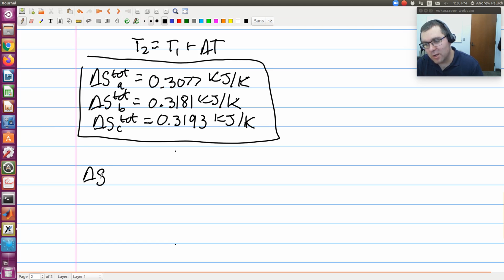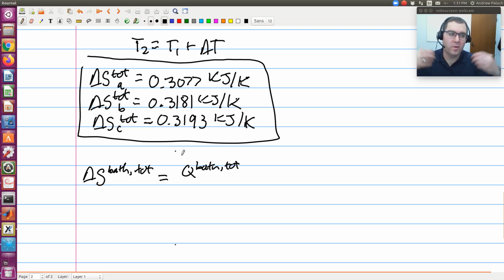To calculate the change in entropy for my bath, we're looking at the extensive entropy, which is Q of the bath. Here we're told the bath is receiving 100 kilojoules of heat.